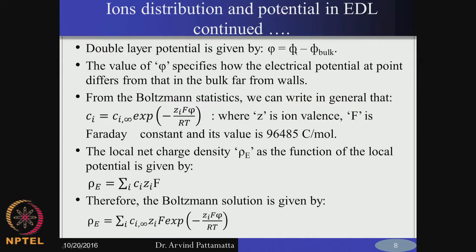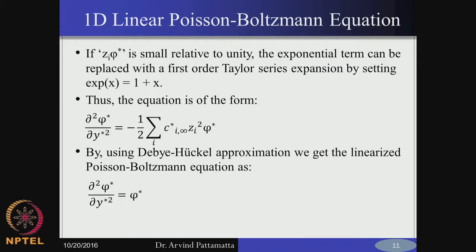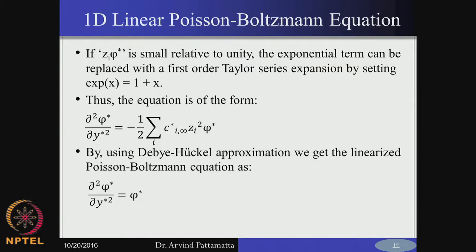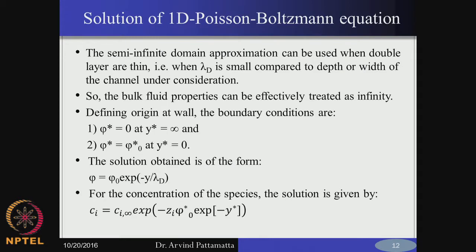This excess potential or over potential is therefore phi star naught, and at large values of y star going to infinity, your excess potential goes to 0. With these two boundary conditions, if you solve this equation, you will get an exponential solution. That means your phi will turn out to be phi naught exponential minus y by d.